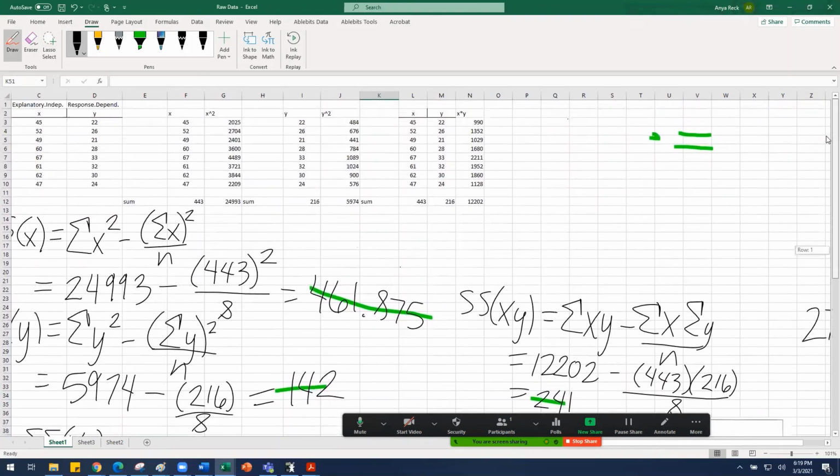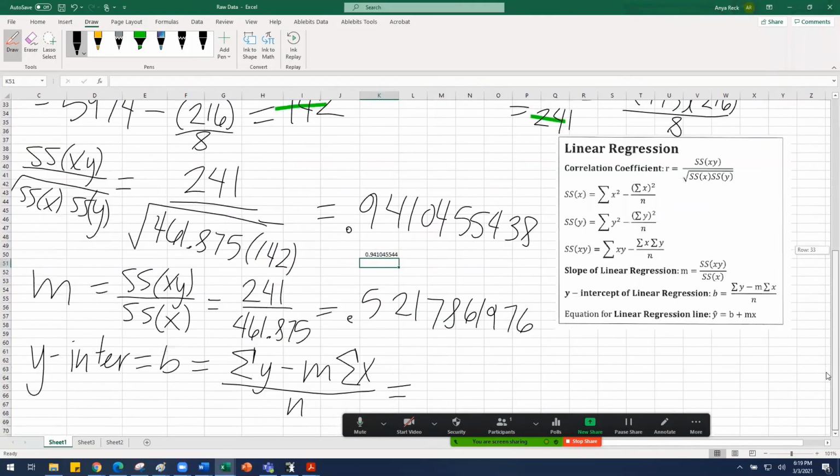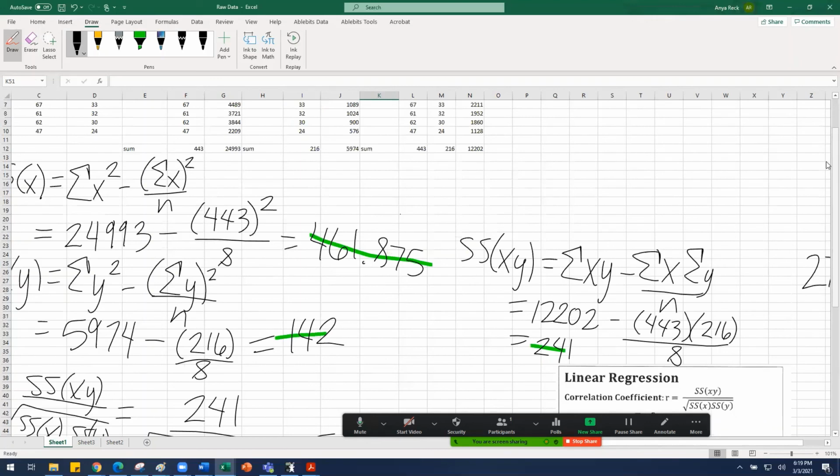The sum of y was 216 minus the m value, 0.5217861976, times the sum of our x columns. We can scroll back up to our table.